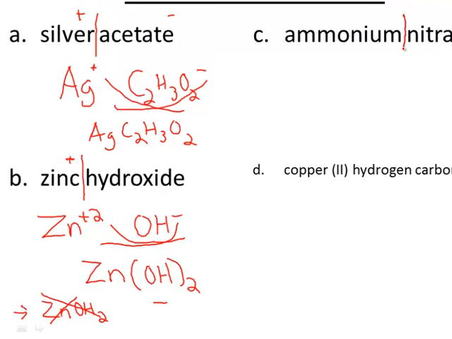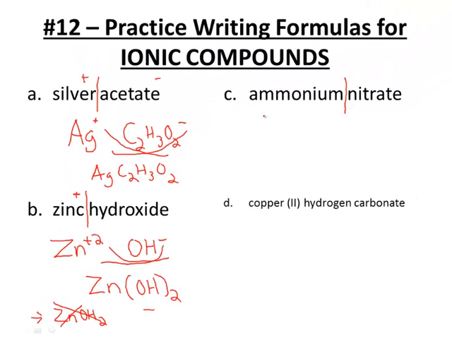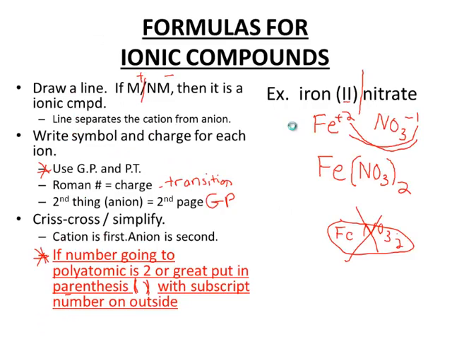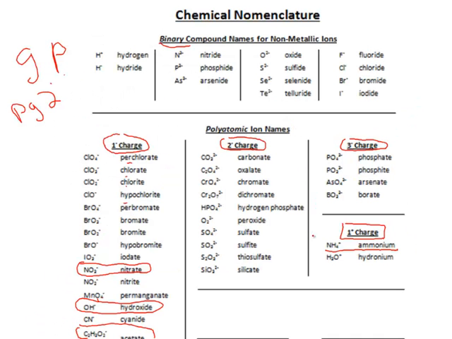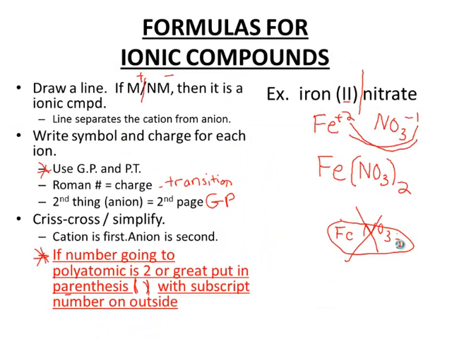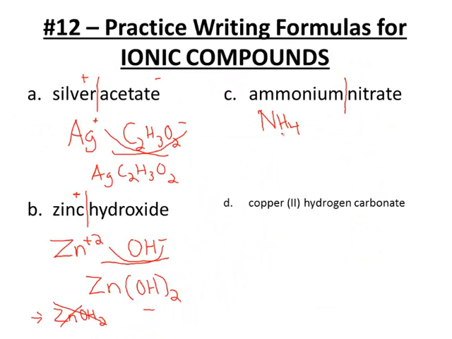Ammonium nitrate. Ammonium, remember, is our only positive polyatomic ion from our gold packet. NH4 plus is one of 2 positive polyatomic ions.